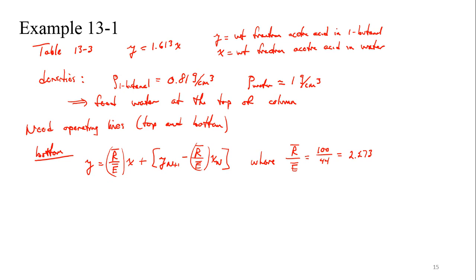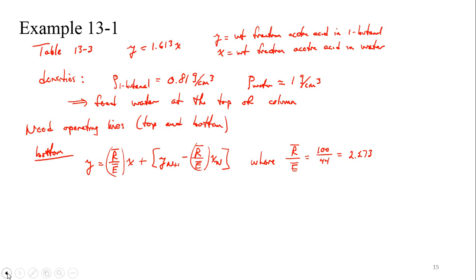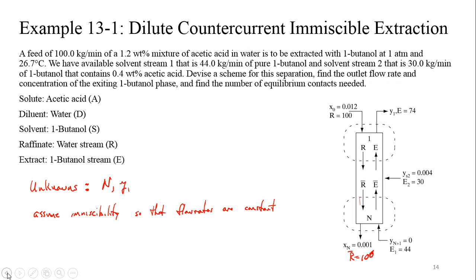Do we know a point that this operating line passes through? You can use the formula and just find the b, the intercept term.